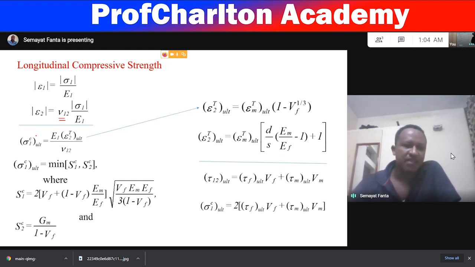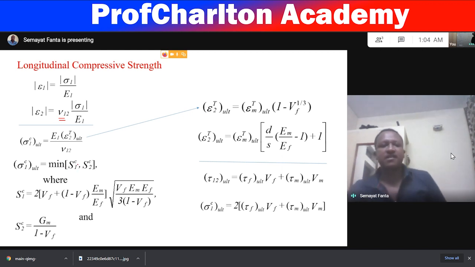So the compressive strain in direction 1 is given with this formula. The compressive strain in direction 1 is the minimum of S1 and S2. So what is S1?